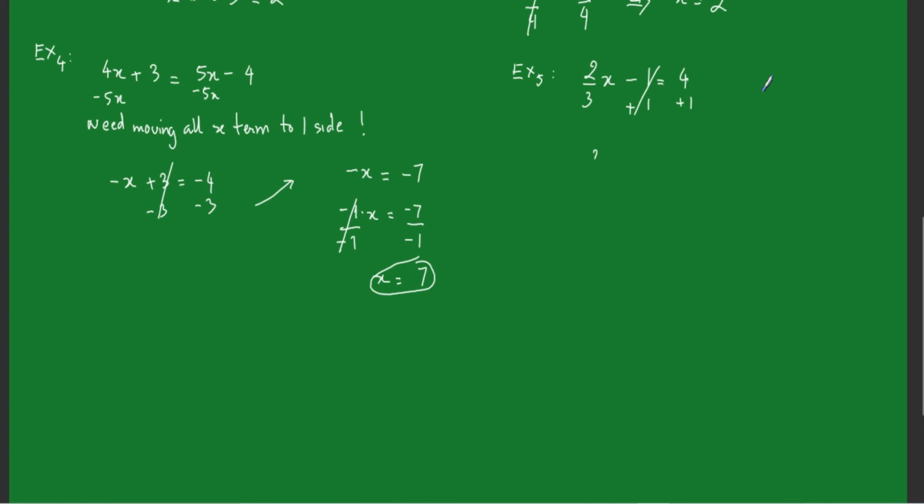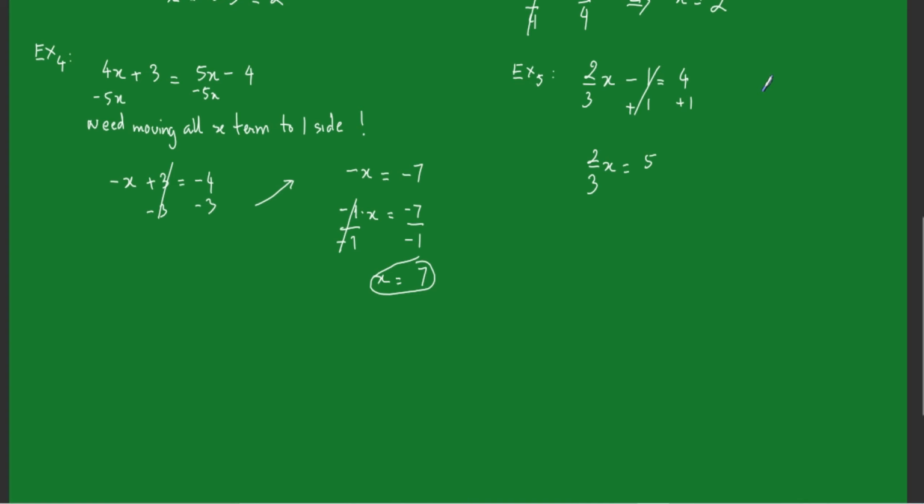So now you have 2 over 3x equal to 5. Now, in order to get rid of 2/3, there are 2 methods.